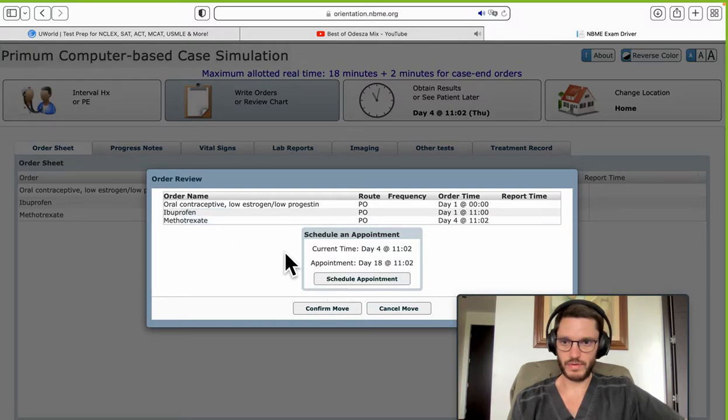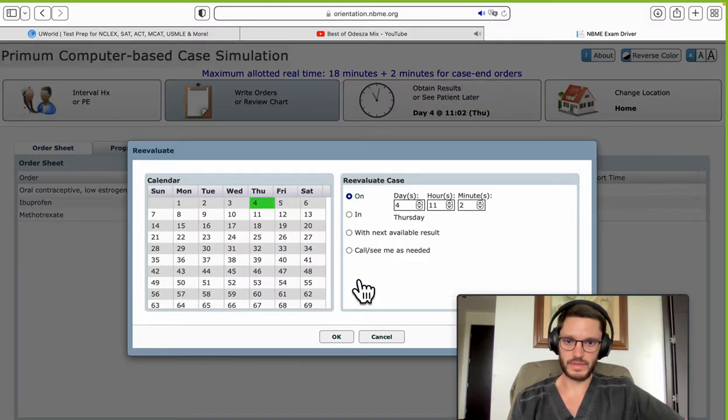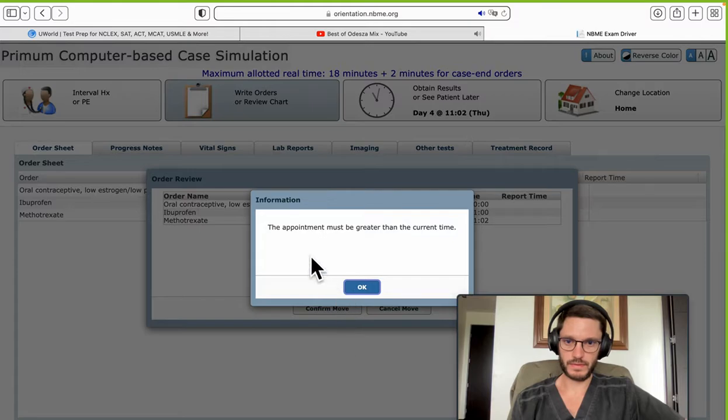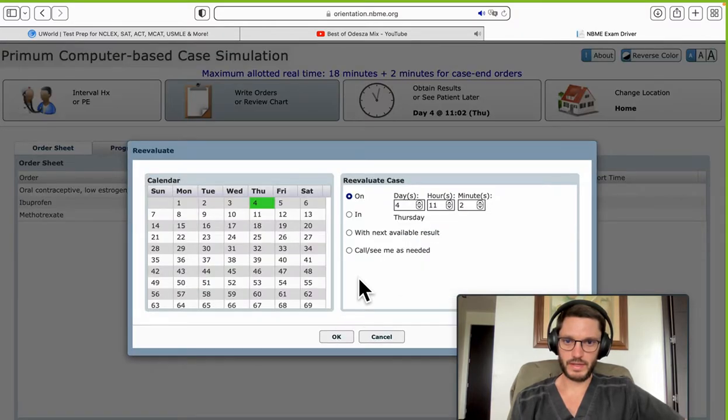And ibuprofen. Okay, I would give her ibuprofen maybe, but let's leave it like this and see what happens. The appointment must be greater than the current time. Okay, so a month. 1, 2, 3, 4. Let's go for a month.